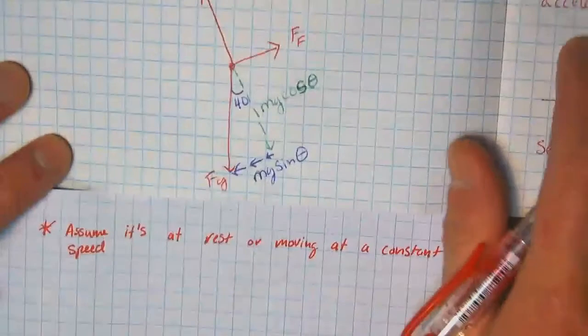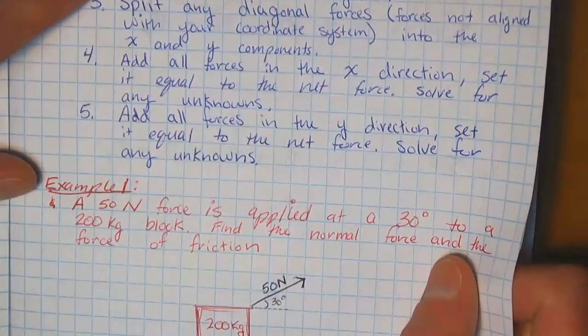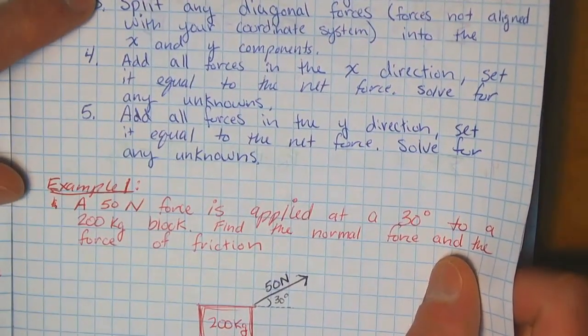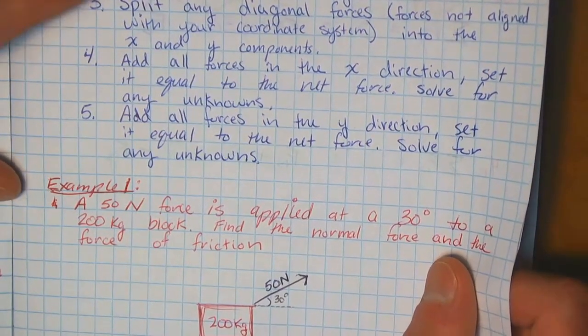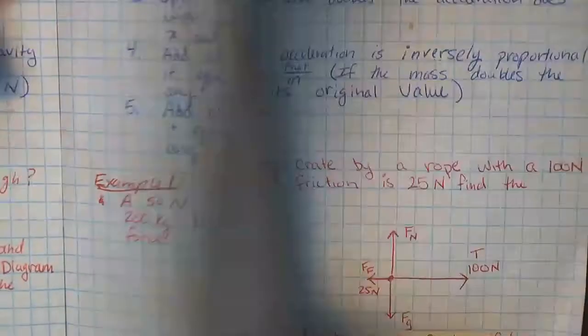So it's not really any different. If you think about our summing forces notes, we've done step one, which is to draw a force diagram. We've done step two, which is to pick a coordinate system. We had to pick that rotated coordinate system. Then we did step three, split any diagonal forces into the x and y components.